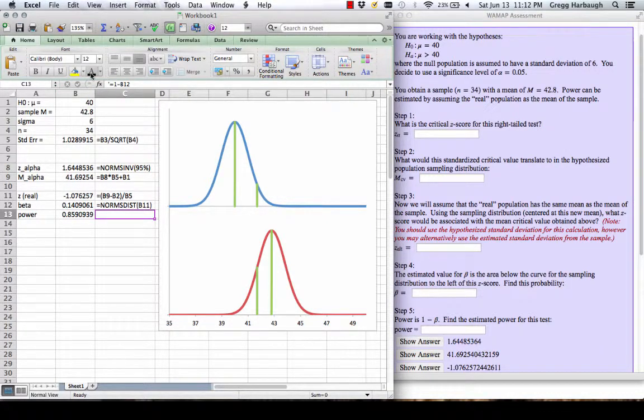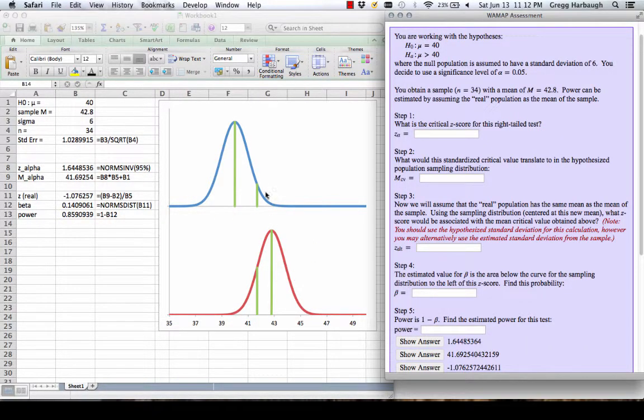Okay. And let me reiterate again what the beta value actually is. Beta is the probability of failing to reject the null if the null is actually false. In this case, we're assuming that the sample actually indicates the truth. The probability of obtaining a sample mean that would lead to failing to reject the null hypothesis would be this area here.